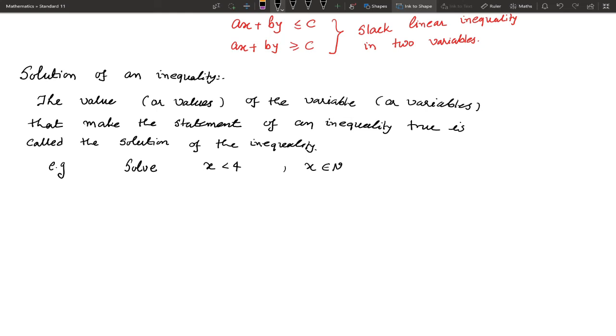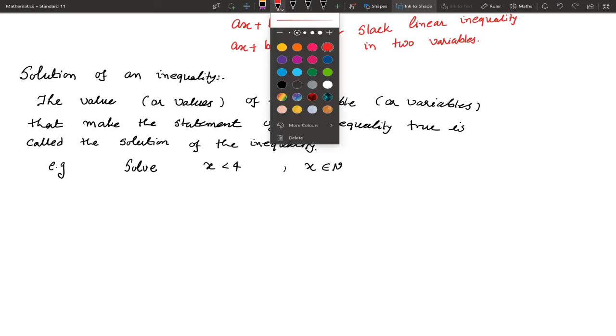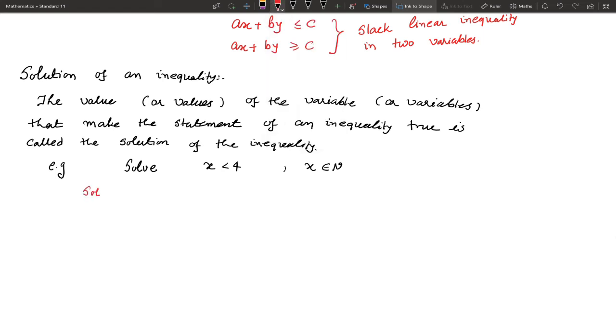So let us solve this inequality. x less than 4, x belongs to N. So in this case, we have to consider all natural numbers which are less than 4. So solution is x equal to 1, 2, 3. These are the natural numbers which are less than 4, and therefore solution set is the set {1, 2, 3}.